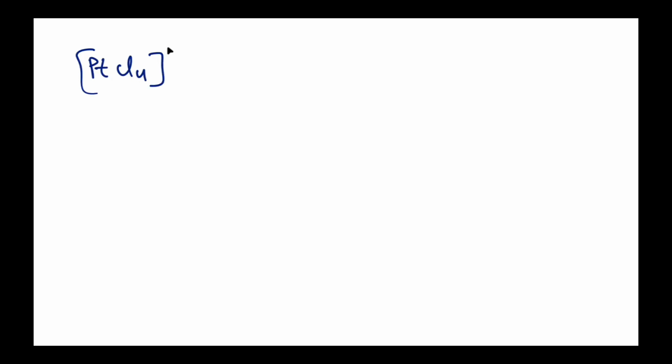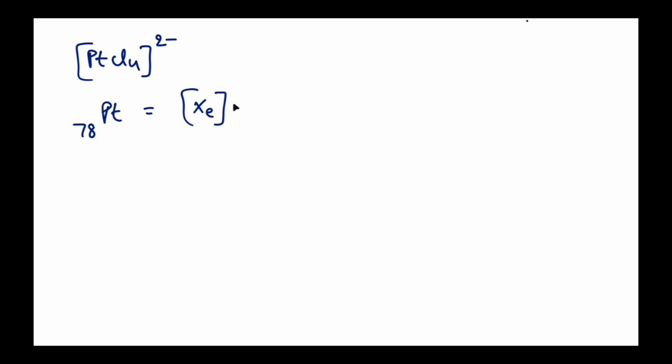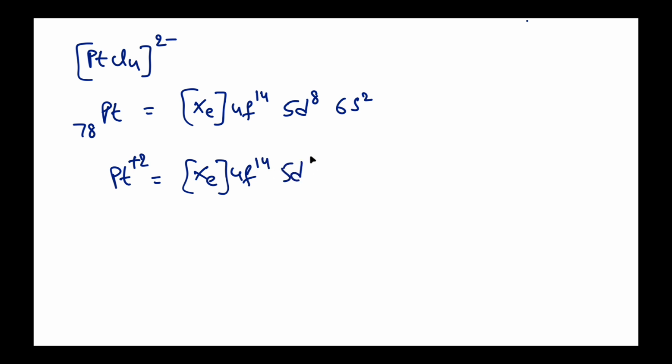The next molecule is PtCl4 2-. Here platinum's atomic number is 78. The configuration is xenon 4f14 5d8 6s2. Platinum's oxidation state is +2, that is xenon 4f14 5d8 6s0. So in platinum, the valence electrons are present in the 5d orbital.